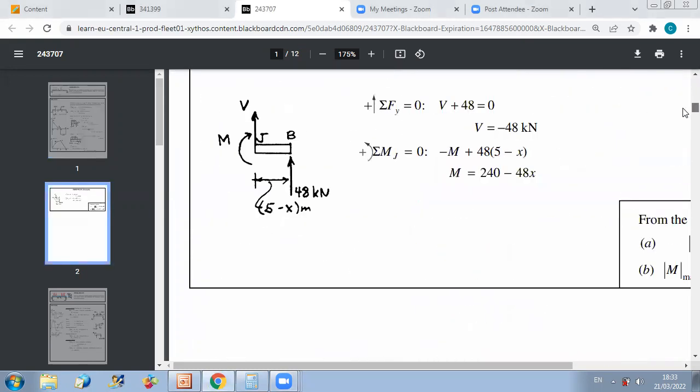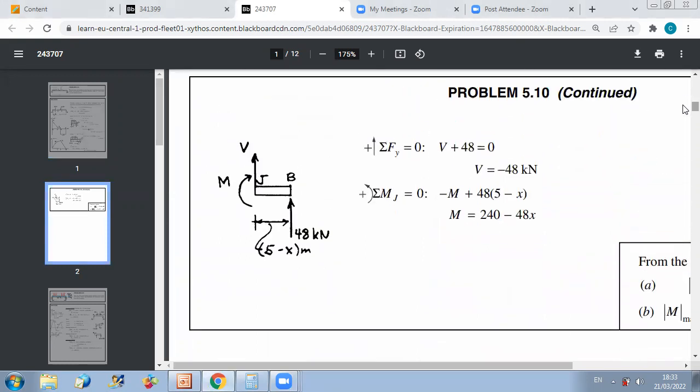Now, to get the bending moment, all I need to do is sum of moment about this point equal to 0. And considering the equation positive direction is counterclockwise, so since the moment here is clockwise, I just put minus M. And the shear is creating a counter-clockwise moment about this point, so it's plus the reaction force, which is 48, times this distance, which is 5 minus x, equals to 0.